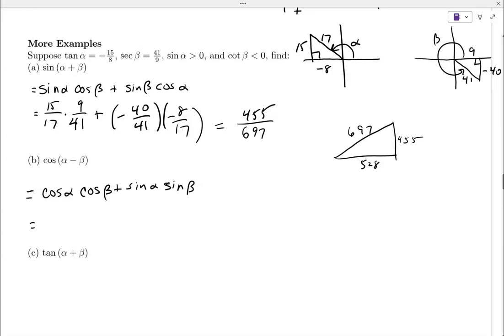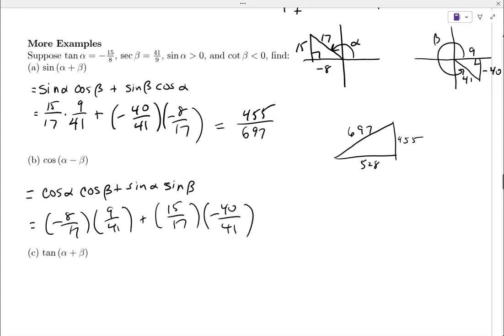Cosine of alpha is negative 8 over 17. Cosine of beta is 15 over 17. And negative 40 over 41. We already had all those values from the previous step, right? They're just in a different order.